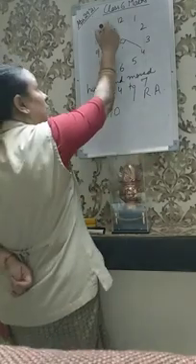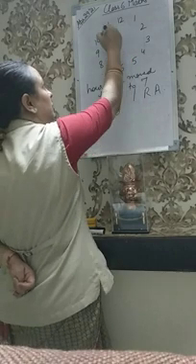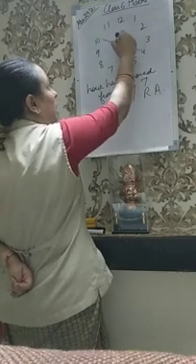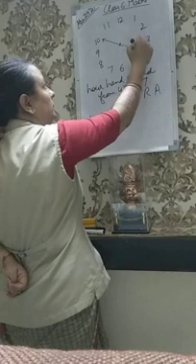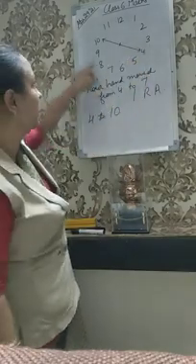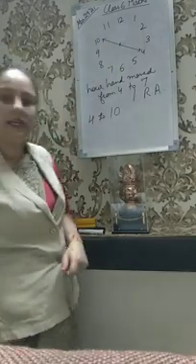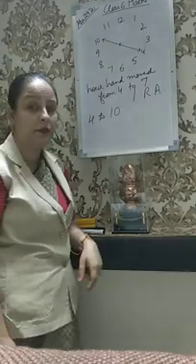Let's draw 4 to 10. So at 4 it was like this, it has moved to 10 and it has become like this. Now can you see something and tell me? It's so simple.